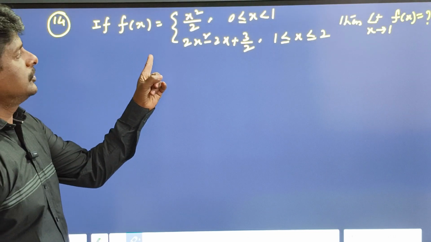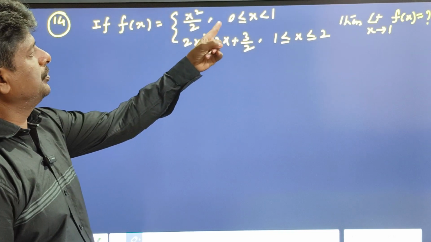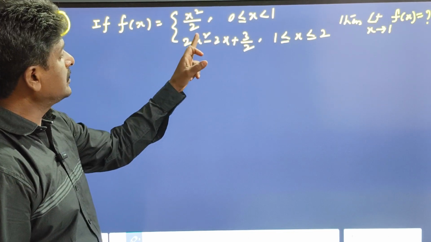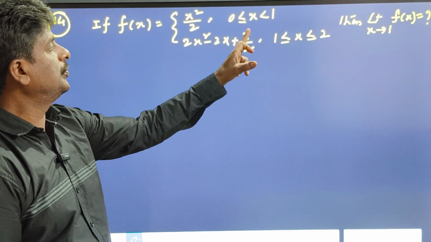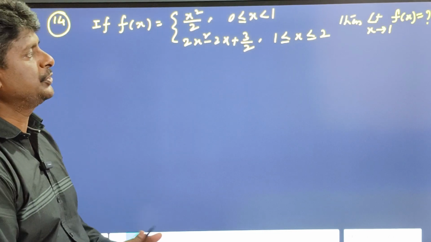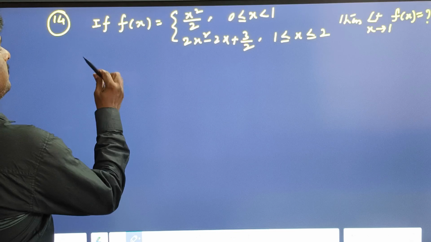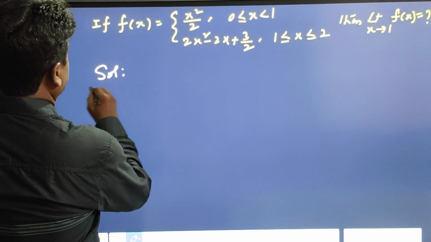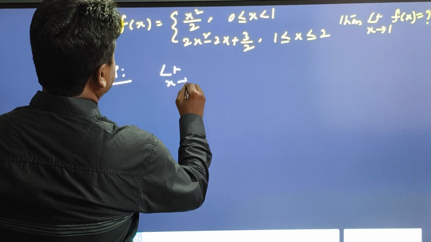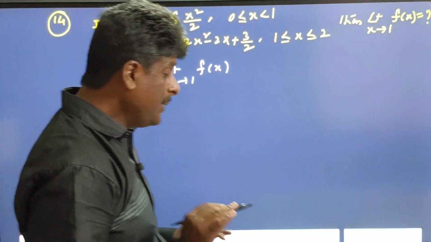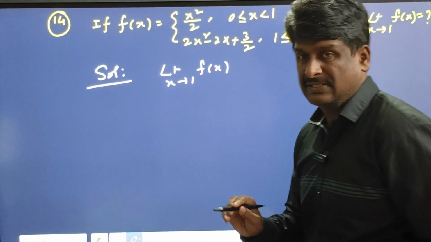If f(x) = x²/2 for 0 ≤ x < 1, and (2x² minus 2x plus 3)/2 for 1 ≤ x ≤ 2, find limit as x tends to 1 of f(x). My dear students, observe this carefully. The limit as x tends to 1 of f(x) can be found in two cases. Why?